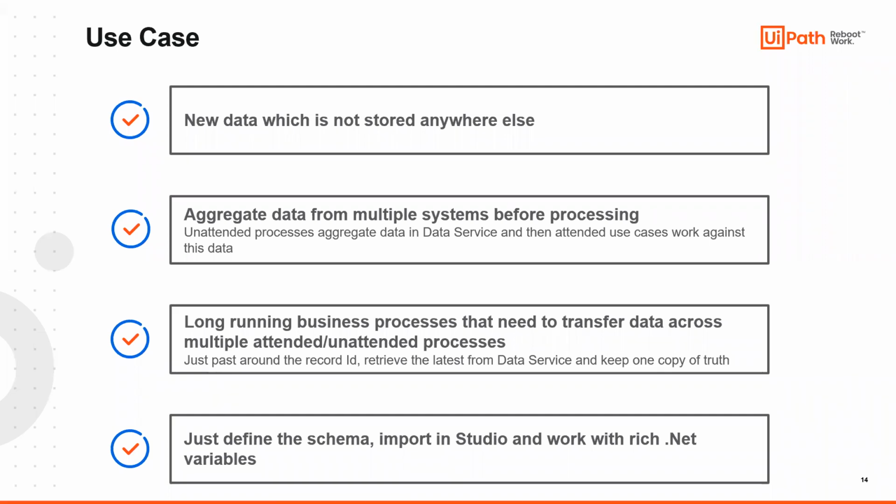You will also find it very helpful wherever you have multiple robots running and you are performing some kind of data aggregation before you actually go ahead and take action. For example, the way the One Solution system was working, all that data, let's suppose the case details and customer details, is coming from robots running on separate machines, and it is being updated on the data service.